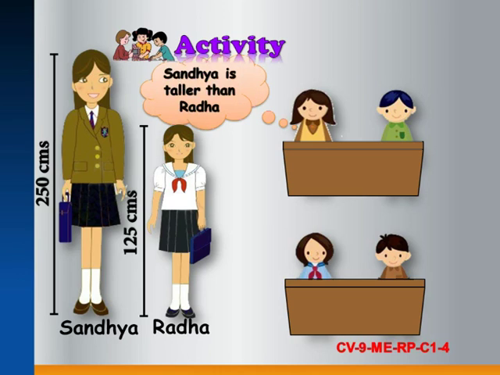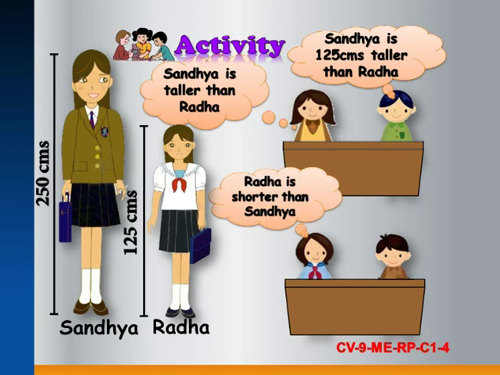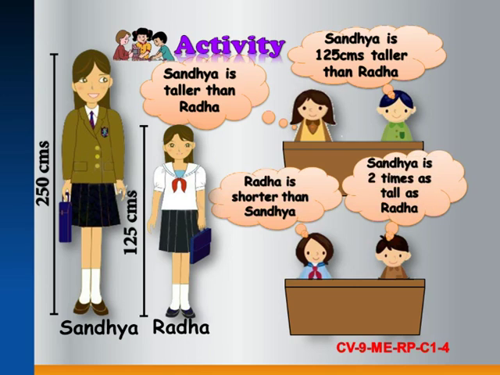Sandhya is taller than Radha. 2. Sandhya is 125 centimeters taller than Radha. 3. Radha is shorter than Sandhya. And 4. Sandhya is 2 times as tall as Radha.